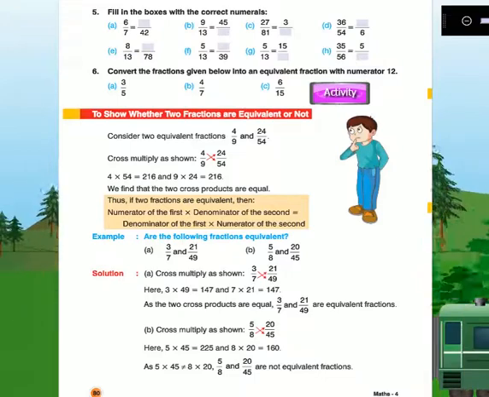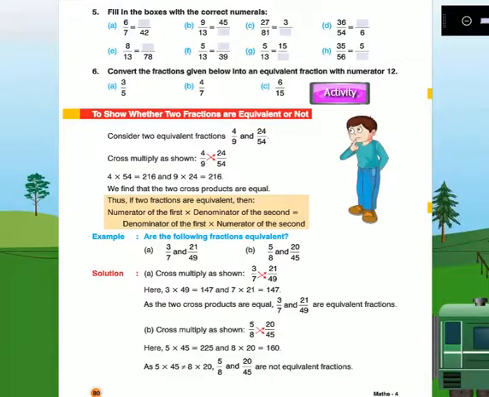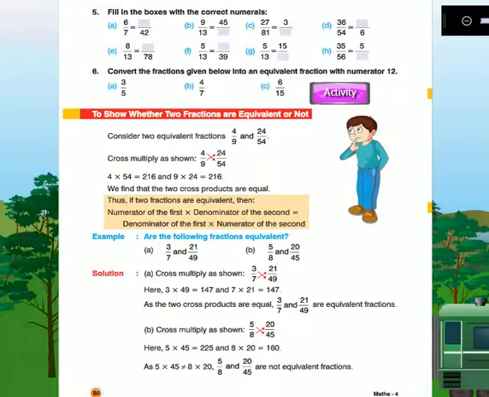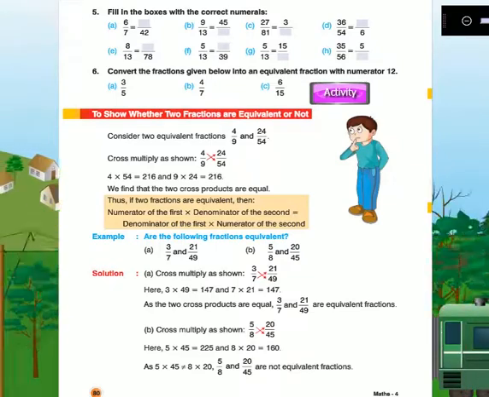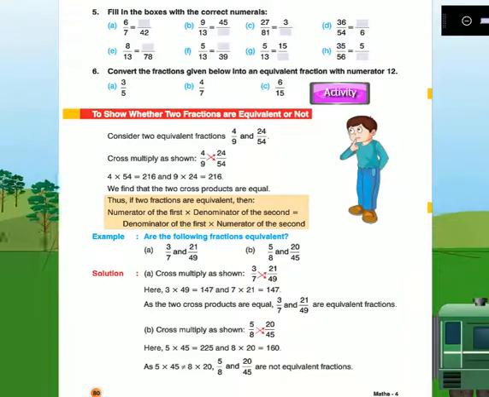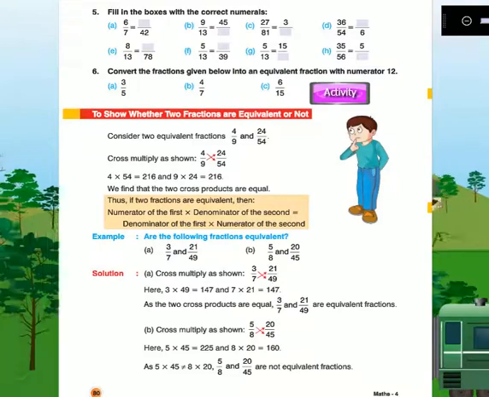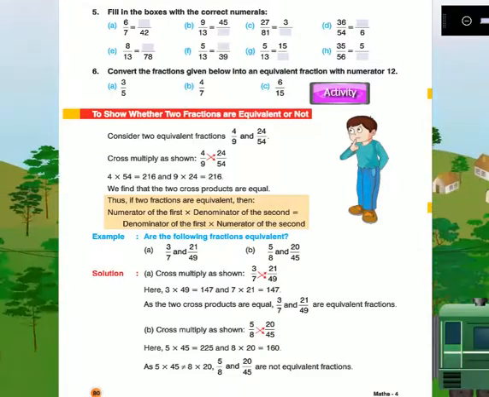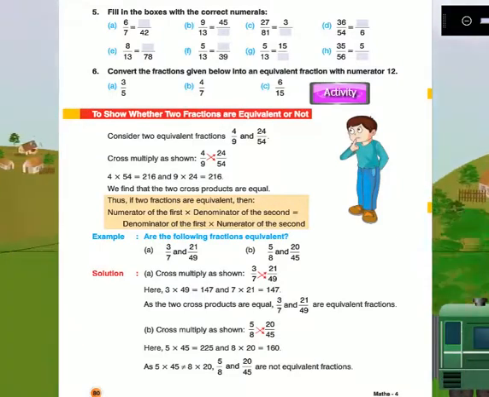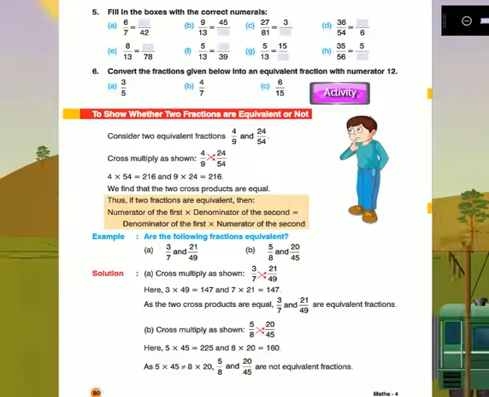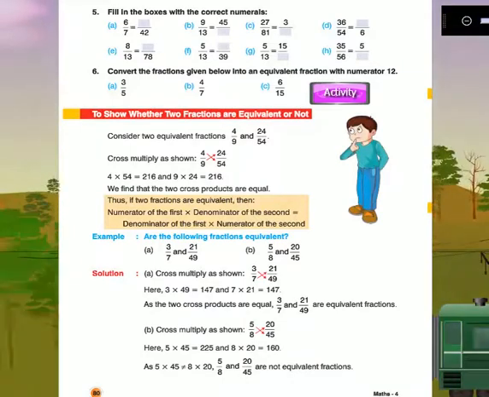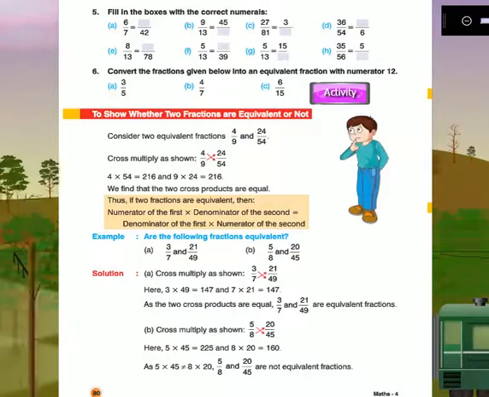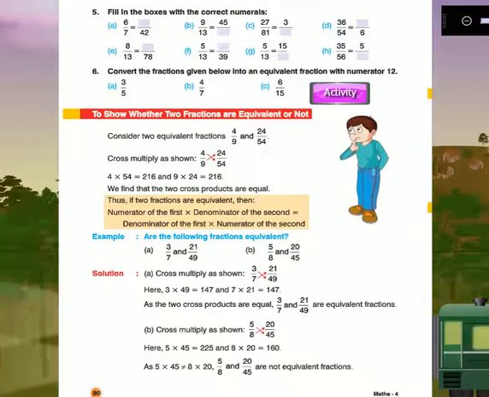We find that the two cross products are equal. Thus, if two fractions are equivalent, then the numerator of the first multiplied by the denominator of the second is equal to the denominator of the first multiplied by the numerator of the second.